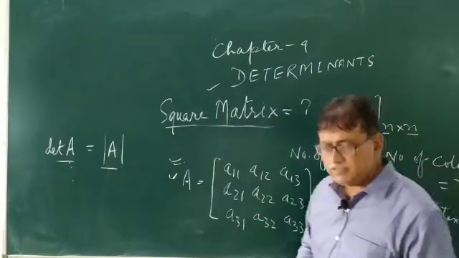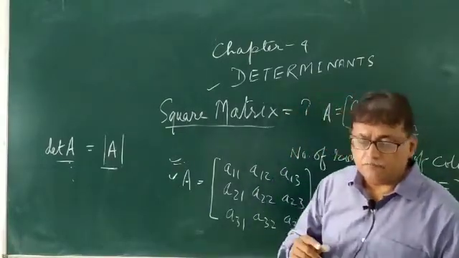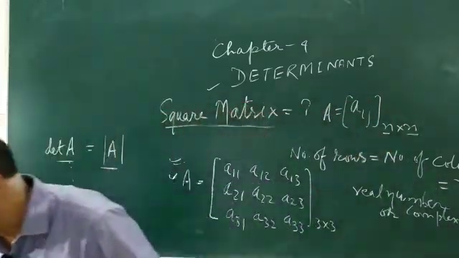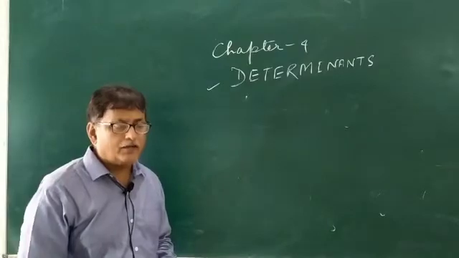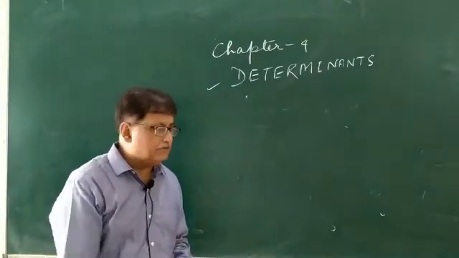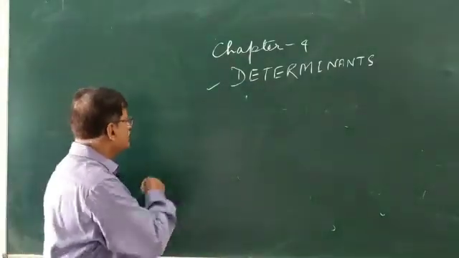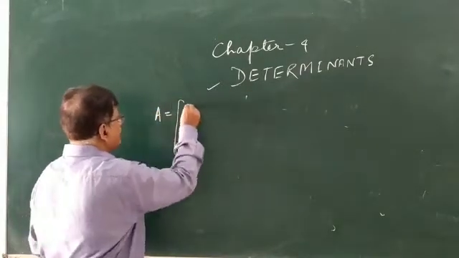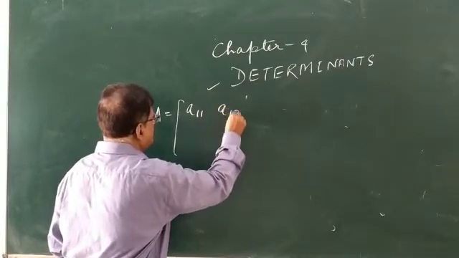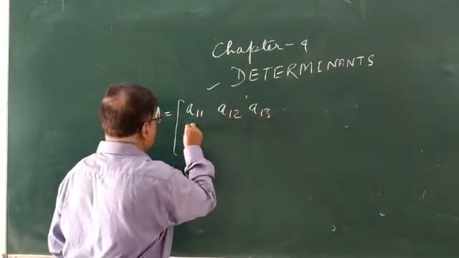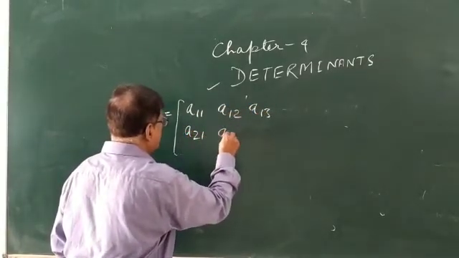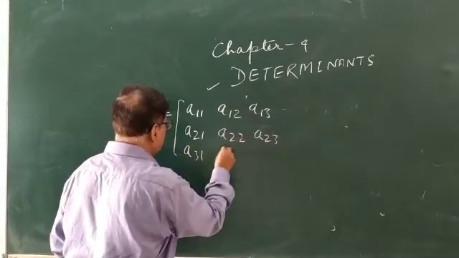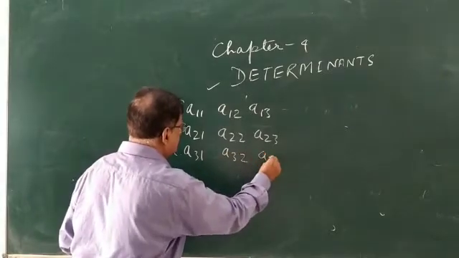Now the question is, how can we find the value of that determinant? Now see how to find. Now we are going to find the value of determinant, right? Consider a square matrix a11, a12, a13, a21, a22, a23, a31, a32 and a33.